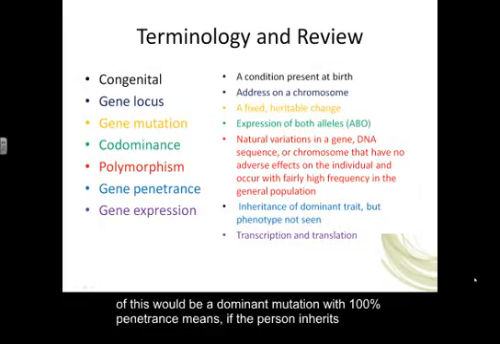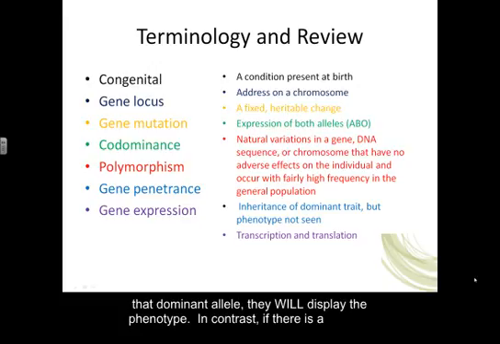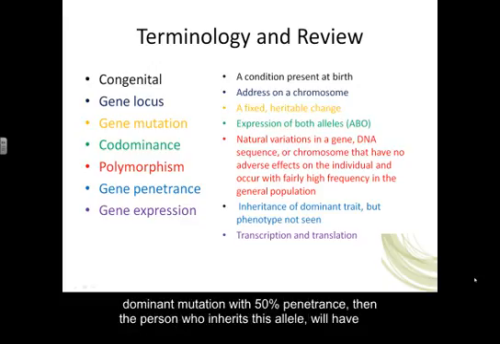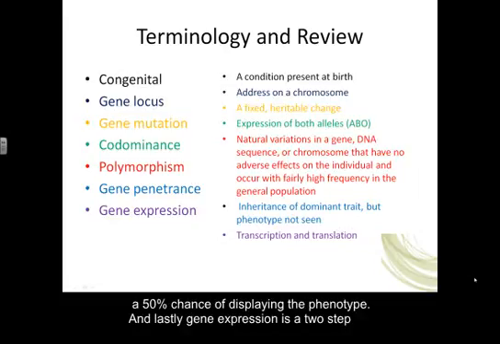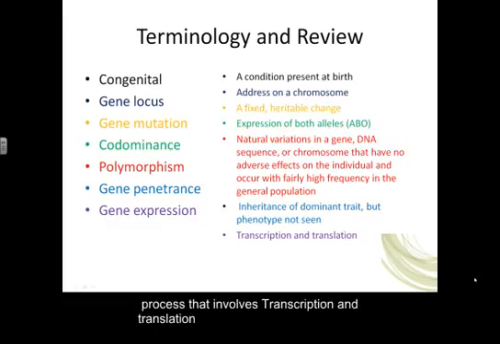An example of this would be a dominant mutation with 100% penetrance means if the person inherits that dominant allele, they will display the phenotype. In contrast, if there is a dominant mutation with 50% penetrance, then the person who inherits this allele will have a 50% chance of displaying the phenotype. And lastly, gene expression is a 2-step process that involves transcription and translation.